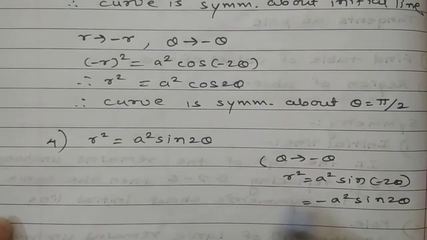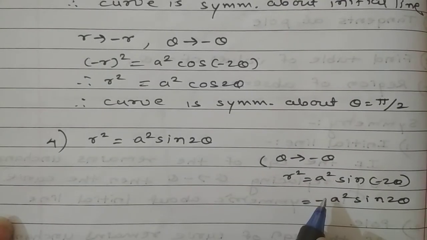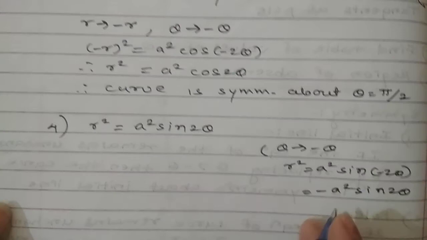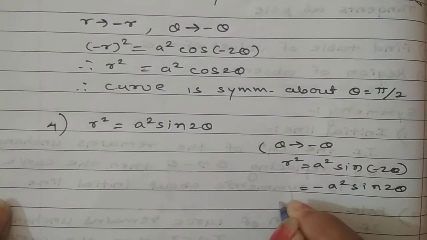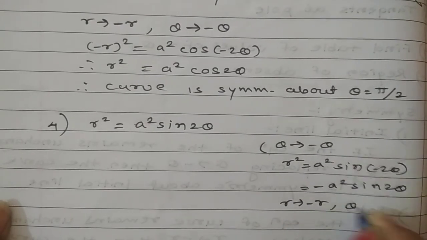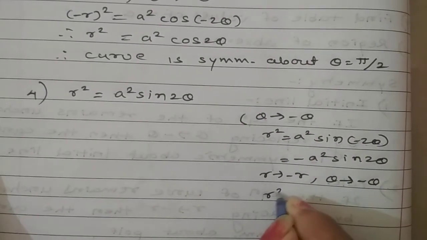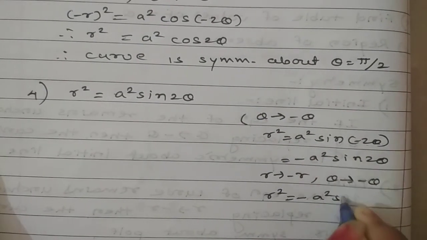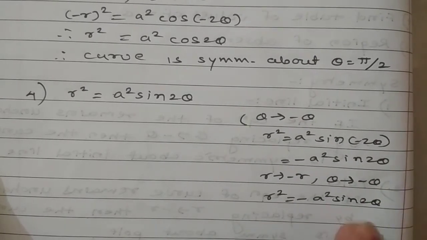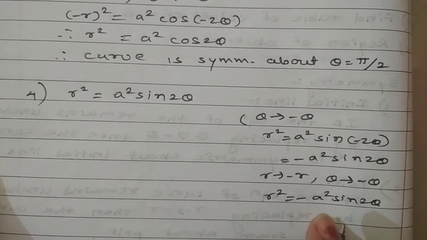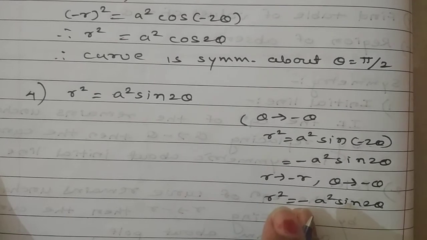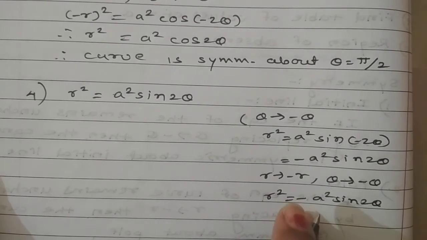There is a change in the equation, therefore the given equation is not symmetric about initial line. Now next, when we replace r by minus r and theta by minus theta, then also we get r square equal to minus a square sine 2 theta. There is a change in the equation, therefore we say that our curve is not symmetric about theta equal to pi by 2.